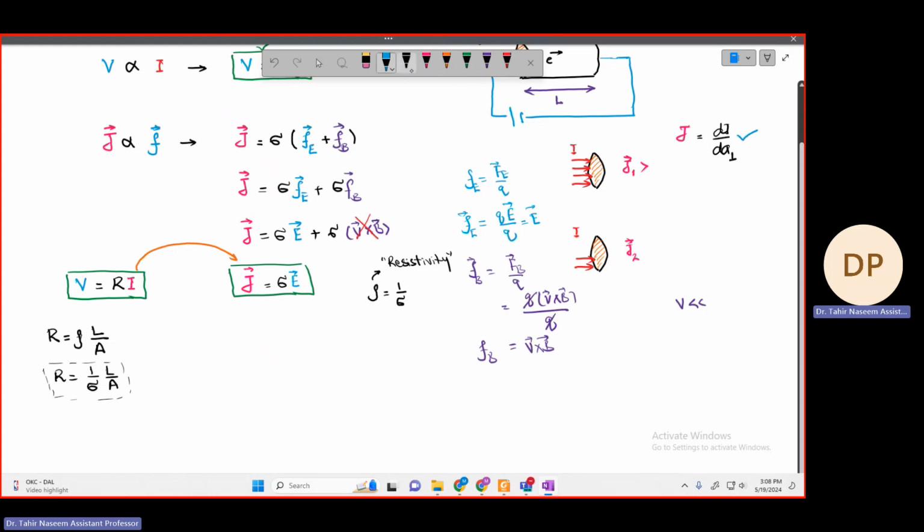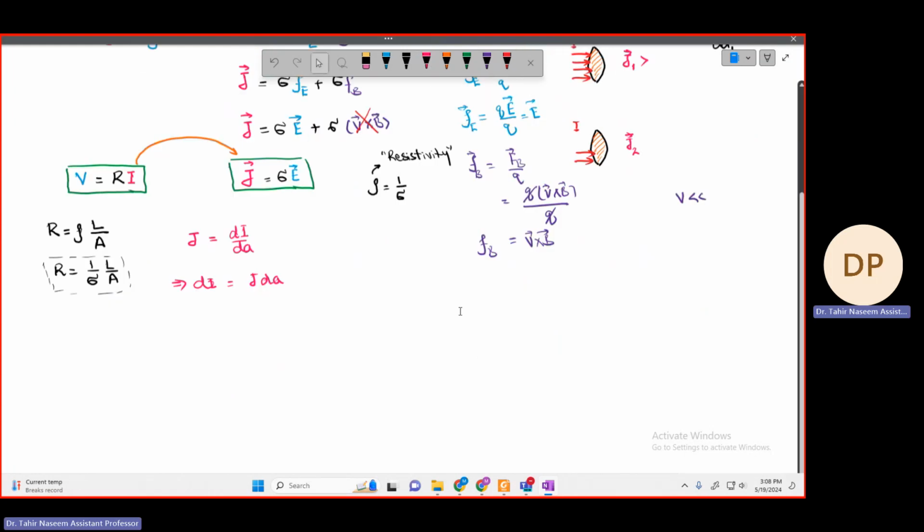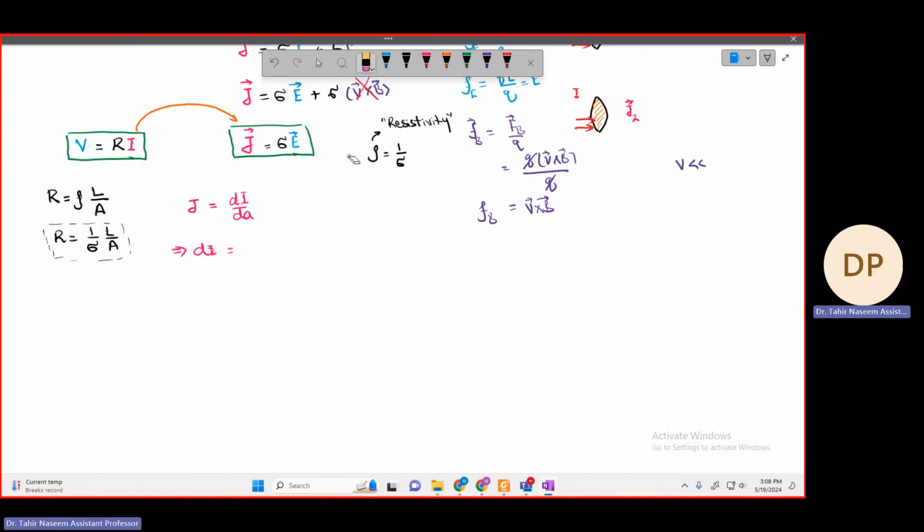So J is basically dI over dA, and dI will be equal to J times dA, right? Okay, let me write it more clearly. J times dA, and then I will integrate on both sides to get I.